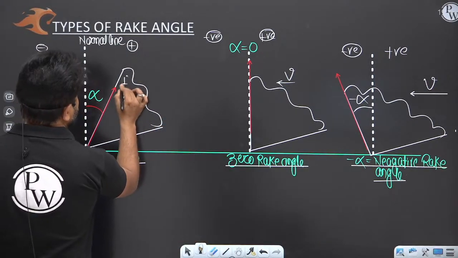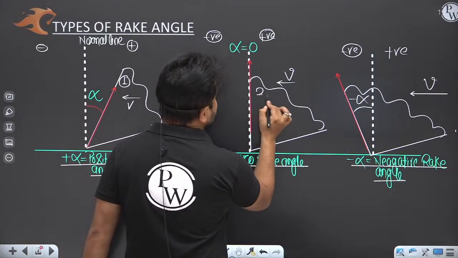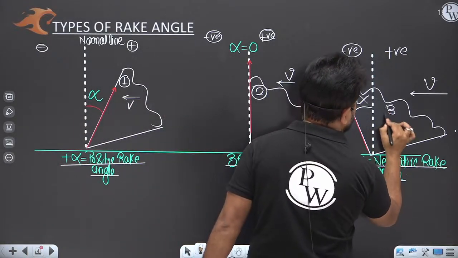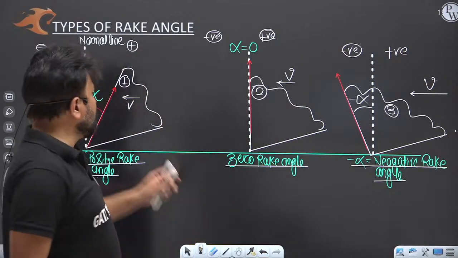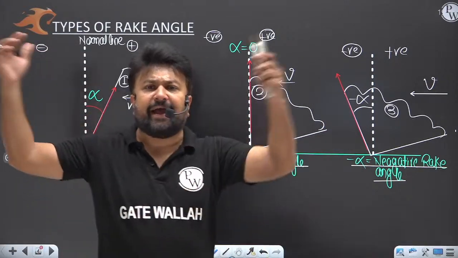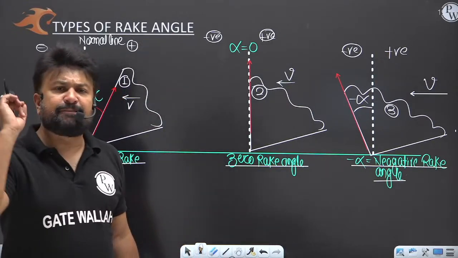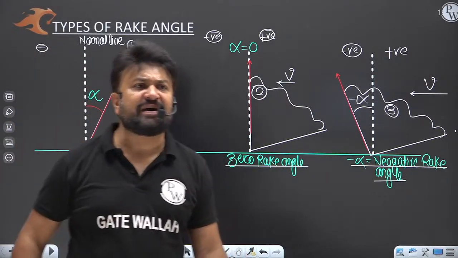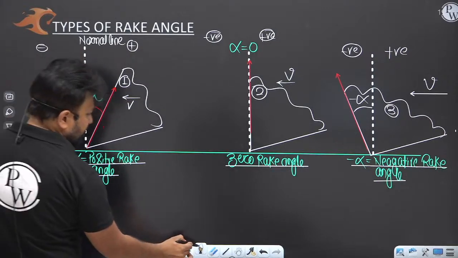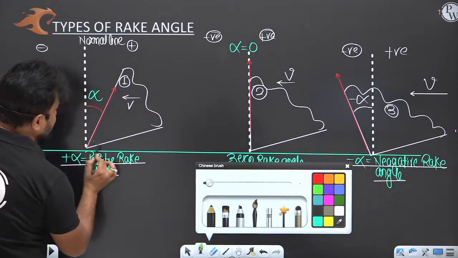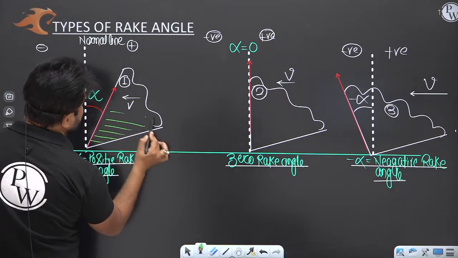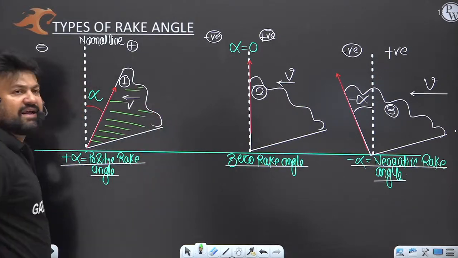Let's say this case is 1, this case is 2, and this case is 3. These are the three tools. Now tell me in which case supporting material is less. Manish Kumar says, sir, in 1, supporting material is less. Yes, my dear, here you can say this is the supporting material which is less.